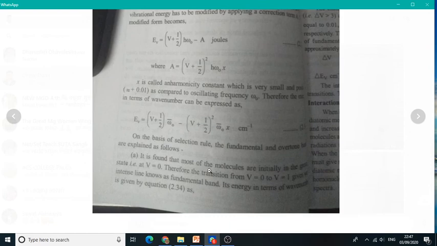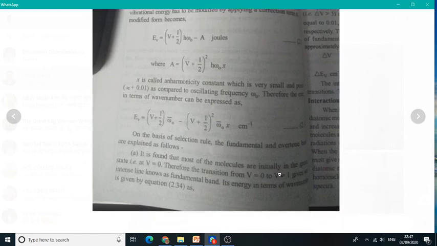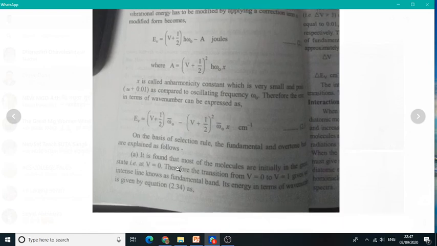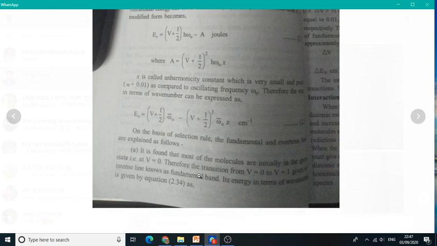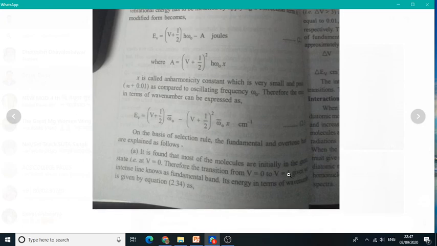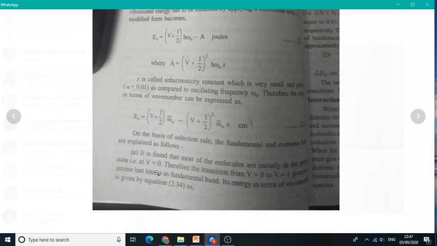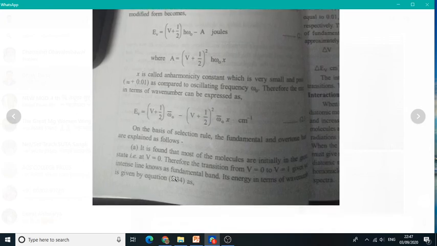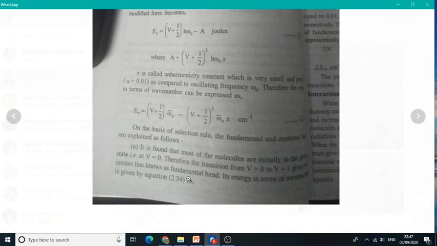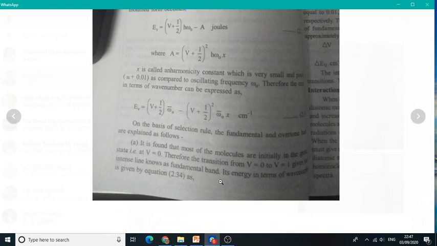It is found that most of the molecules are initially present in the phi equal to 0 level. Therefore, the transition from phi equal to 0 to phi equal to 1 gives the intense line, and this line is called the fundamental band.